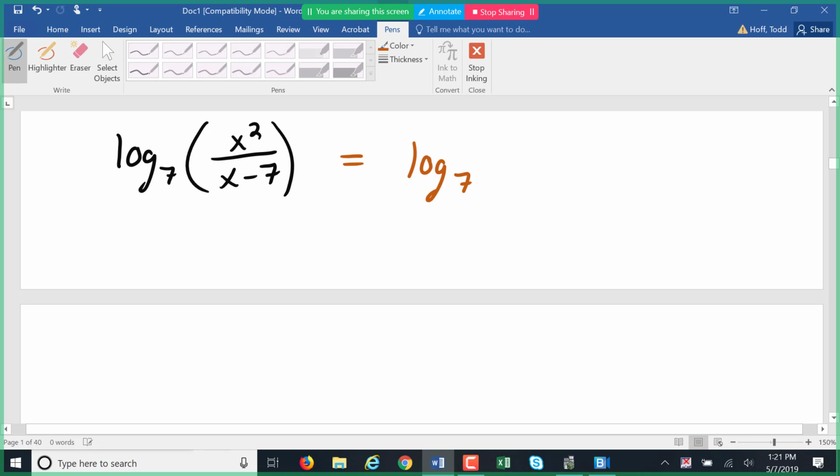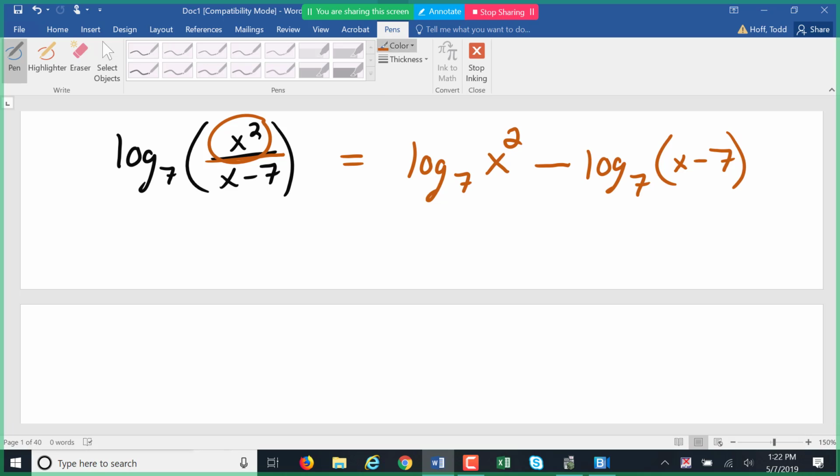Well, it'll be 2, but I'll have to do 3 adjustments. First will be log base 7 of x squared, plus or minus here? Minus, because we're dividing. Minus the log base 7 of x minus 7. That's what we're dividing by. Now there's one more thing I can do here to break down this log. Do you see what it is? That power.